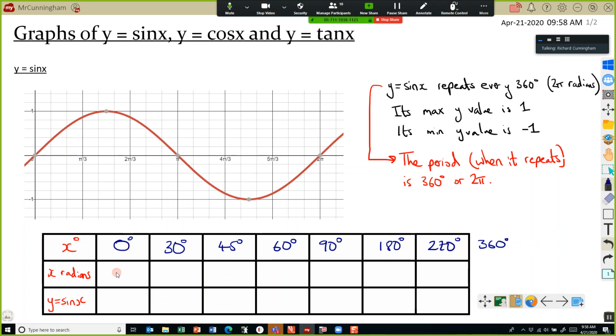How many radians is 0 degrees? 0. 30 degrees is how many radians?